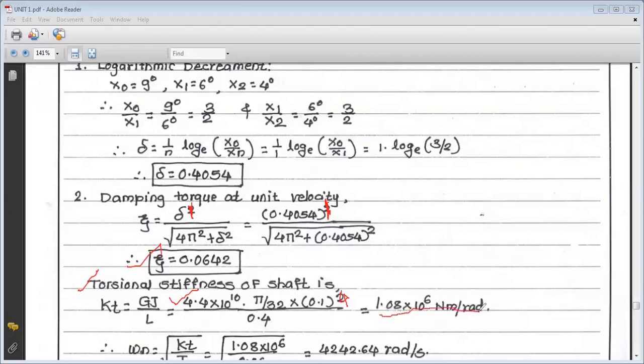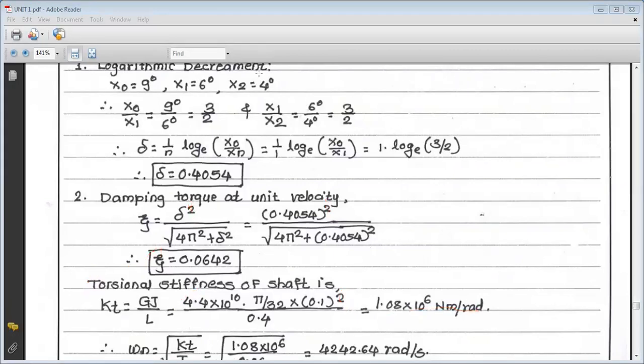the torsional stiffness. It is 1.08 into 10 raised to 6. So this is the value of KT. Now if we have calculated the value of KT, then we can find out the value of omega n, because KT is known to us and I is also known to us.